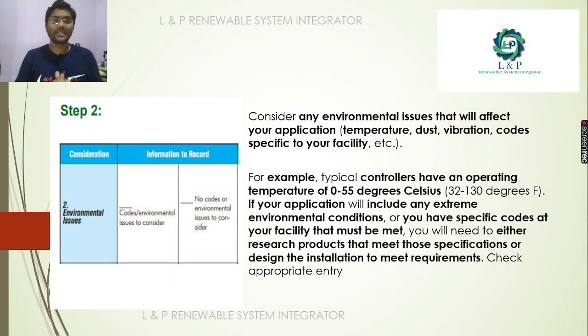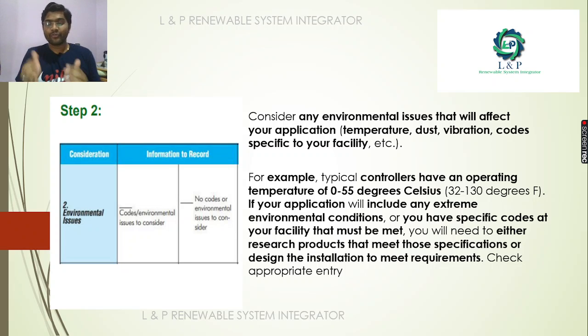The second point is environmental issues. The controller that you're going to choose should match your application. Say, for example, a building automation system might be working in an external environment, maybe with chiller rooms and cooling facilities.